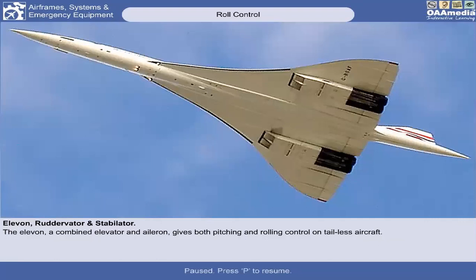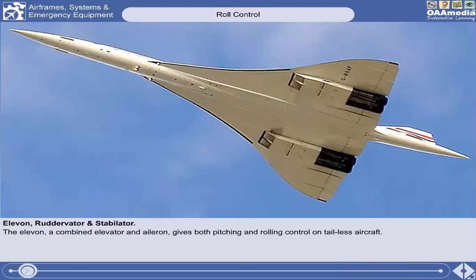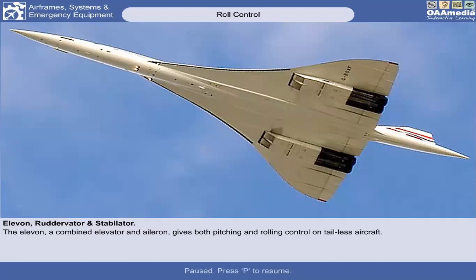Next, these are the combinations of our primary flight controls. On some types of aircraft, rotation around two of the axes may be achieved with one control surface. For instance, the elevon, a combined elevator and aileron, is used on tailless aircraft to give both pitching and rolling control. As you can see here, this is a Concorde.